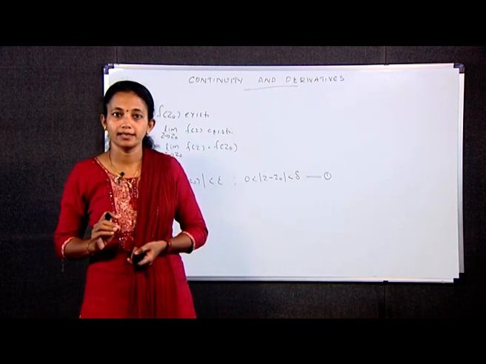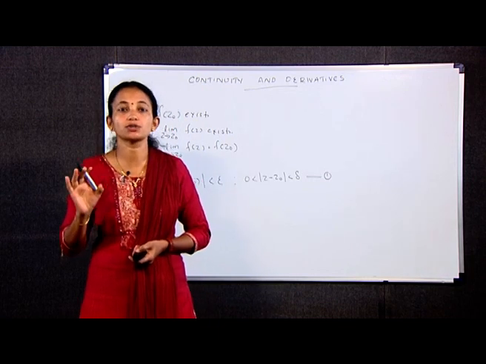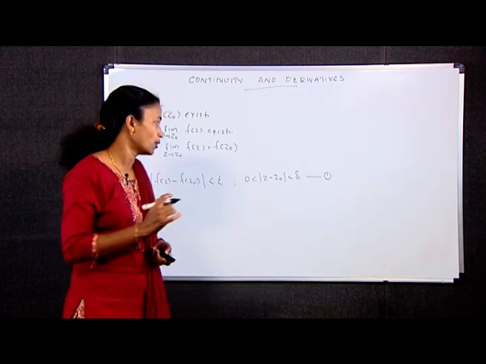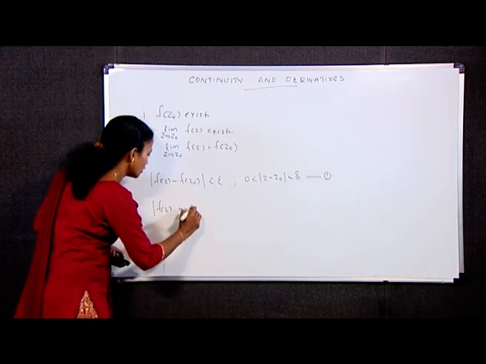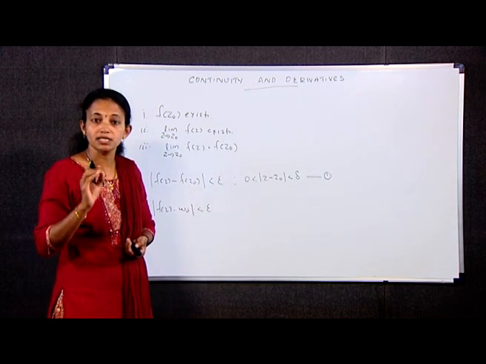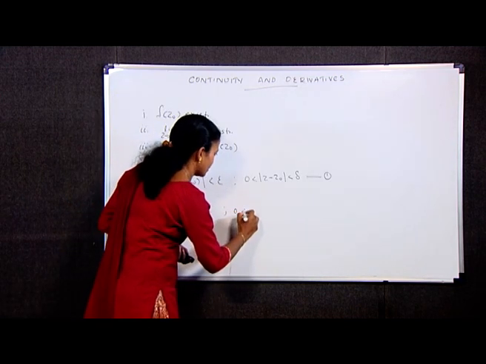We observe that in the definition of limit of f at z0, for each positive number epsilon, there is a positive number delta such that mod f(z) minus w0 is less than epsilon whenever 0 less than mod z minus z0 less than delta.